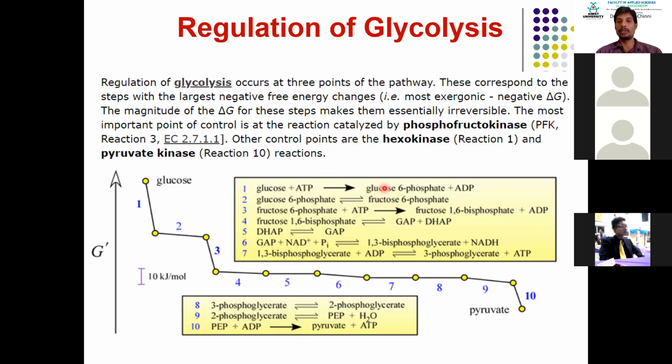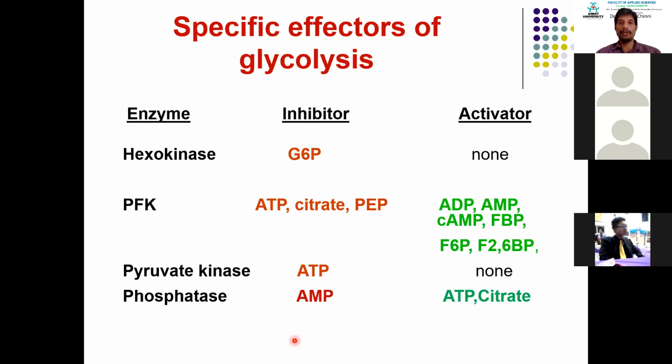Glucose to glucose 6-phosphate, fructose 6-phosphate to fructose 1,6-bisphosphate, and phosphoenol pyruvate to pyruvate are the three reactions in a single, forward direction only. These are rate limiting, and they control the whole glycolysis process.